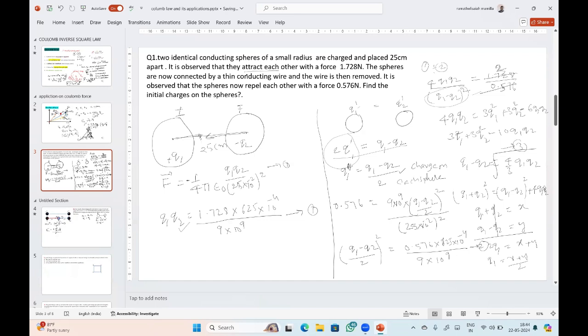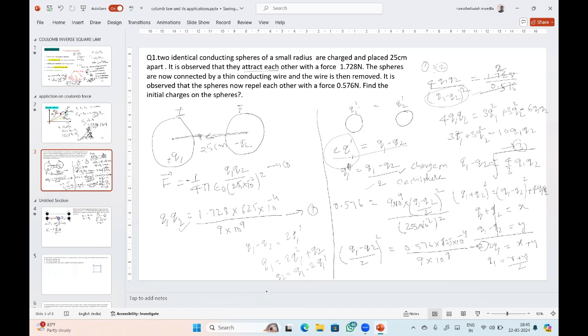And Q1 minus Q2. Therefore Q1 dash is equal to (Q1 minus Q2) by 2. Therefore I can write Q1 minus Q2 is equal to 2Q1 dash. So then Q1 is equal to 2Q1 dash plus Q2, or Q2 is equal to Q1 minus 2Q dash.